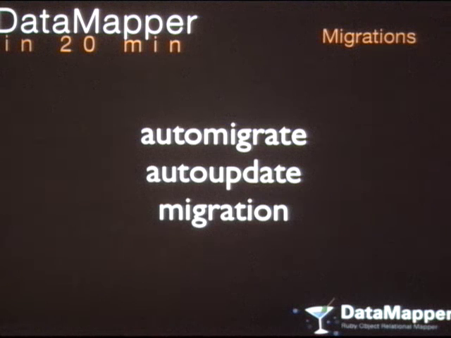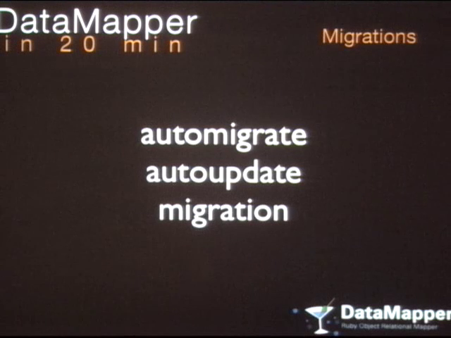The first type of migration you have is the auto migration. When you use DataMapper, you need to define your schema in your model. So you say, for this class, for this object, this attribute will be mapped to the database with this field, and you give a type.